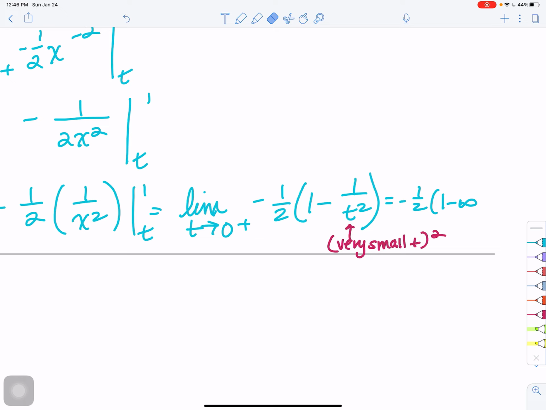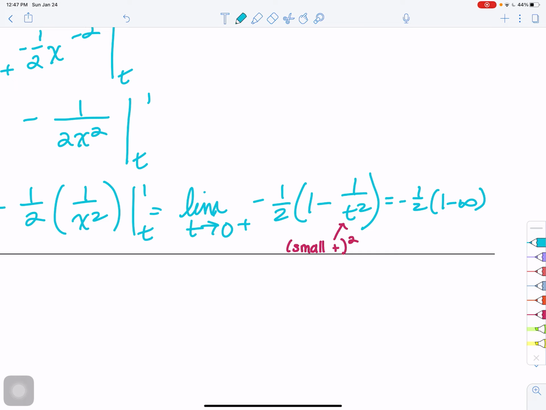I'm going to have to just move this. What a mess, huh? Just have a big eraser. So this right here is a small positive squared.